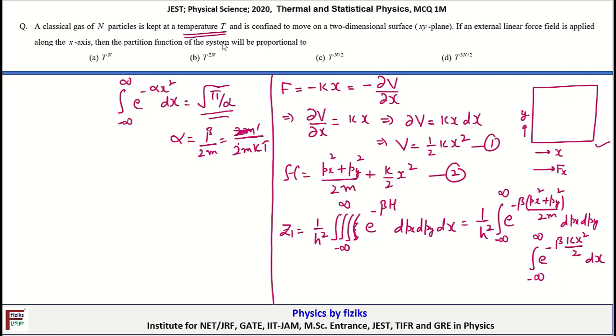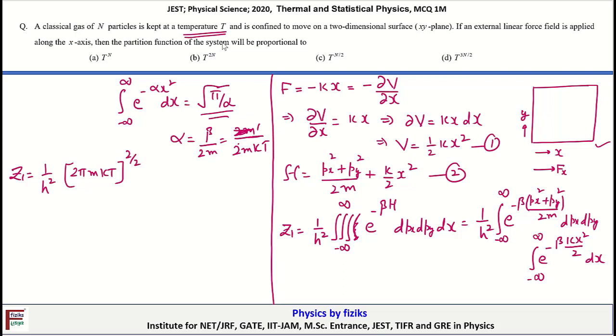Therefore z1 will be 1 upon h square, and then the under root pi by alpha will give us 2 pi m kT power 1 by 2, because we will have two such integrals, so 2 pi m kT power 2 by 2, ultimately it's 1.